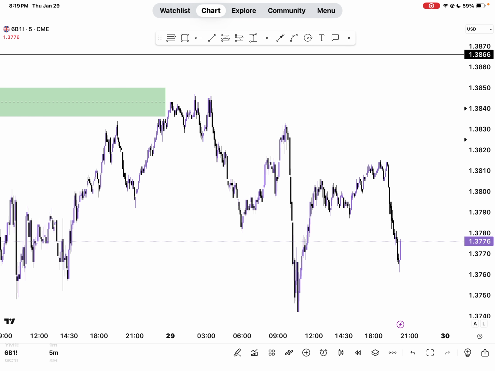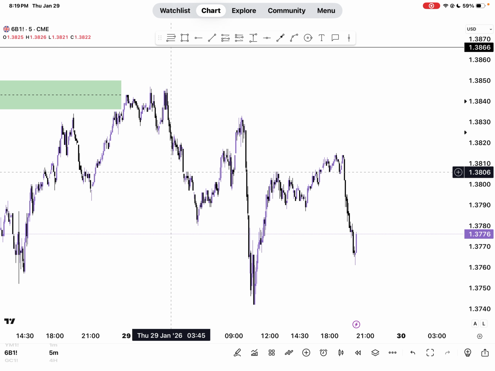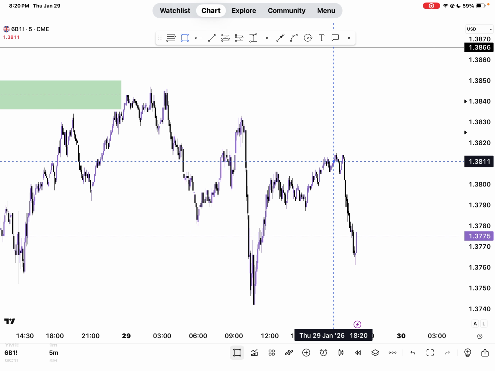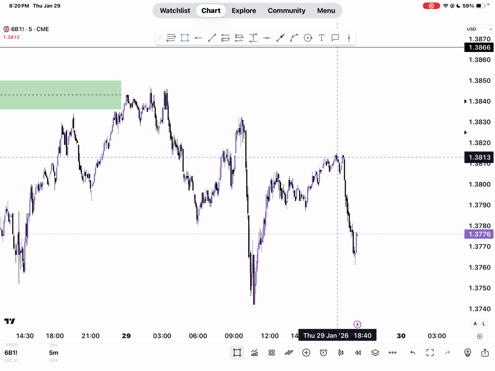If you're looking at the price action right now, that is exactly what I did. At this pullback here, I got a position. And then at this pullback here, I got a position as well. I'm not going to go over those positions, but that's what I did.